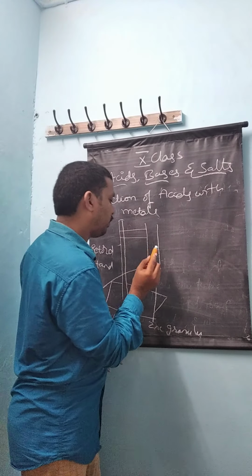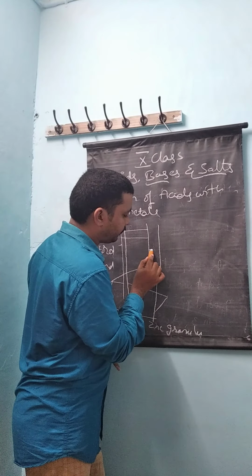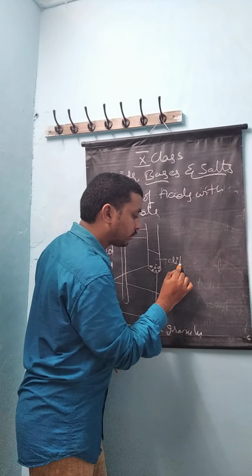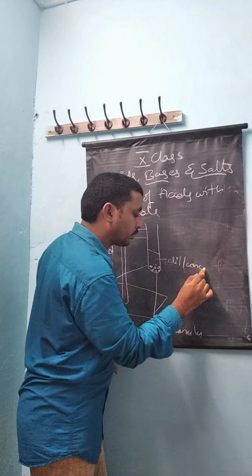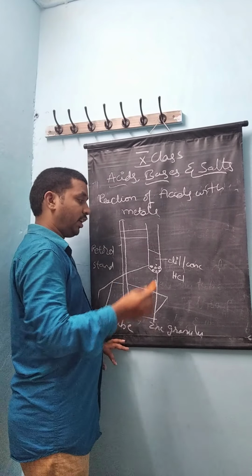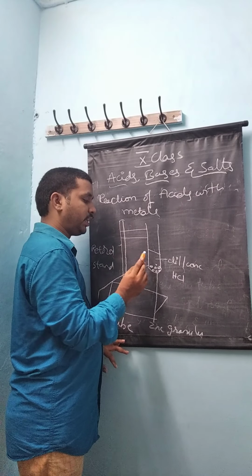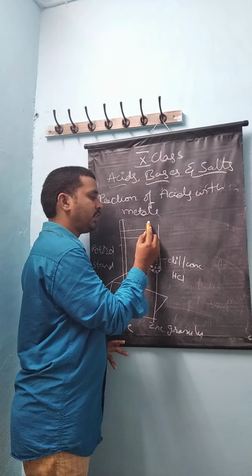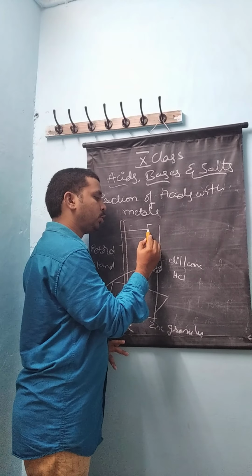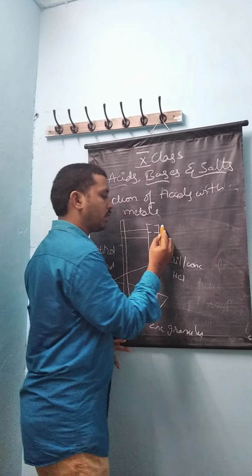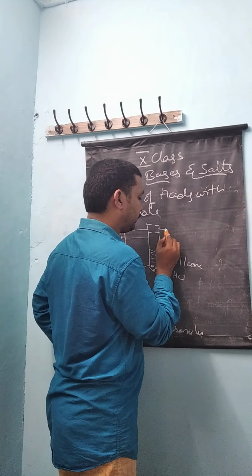Now pour some amount of dilute or concentrated HCl acid. After pouring the hydrochloric acid, we have to close the test tube with a one-hole rubber cork or rubber stopper.